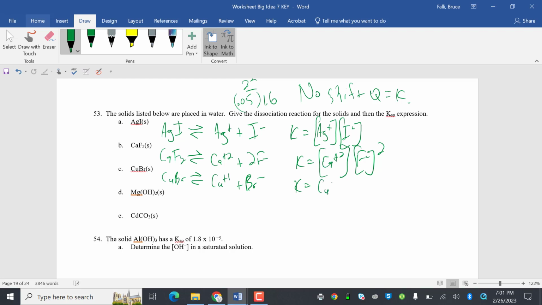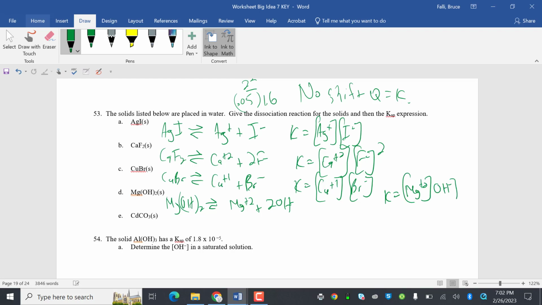K equals Cu plus bracket times Br minus bracket. Mg(OH)2 in equilibrium with Mg 2 plus and 2 OH negatives. K equals Mg 2 plus times OH negative squared. CdCO3 in equilibrium with Cd 2 plus and CO3 2 minus. K equals Cd 2 plus bracket times CO3 2 minus bracket.